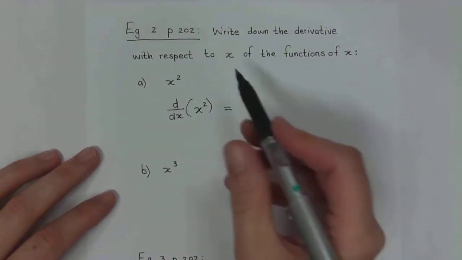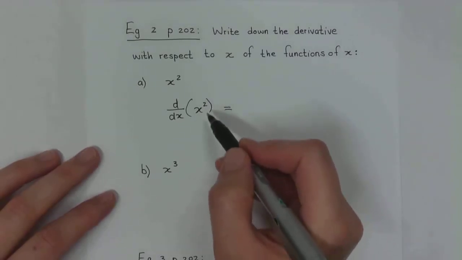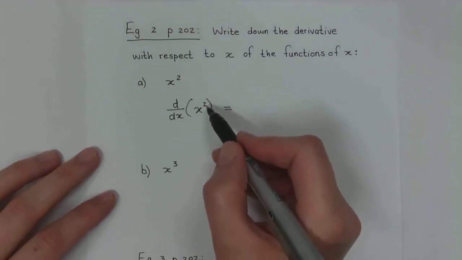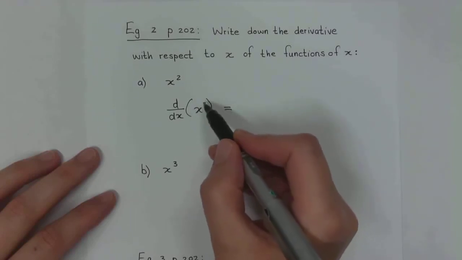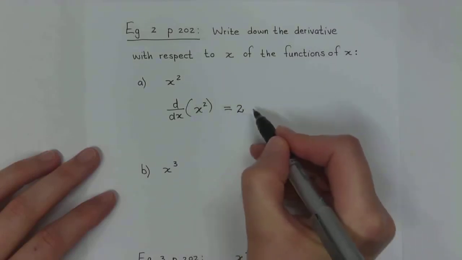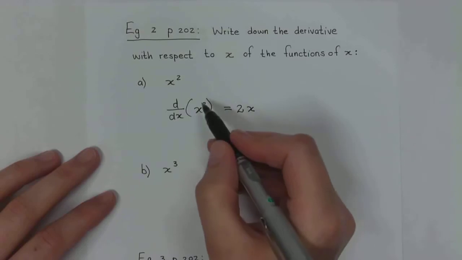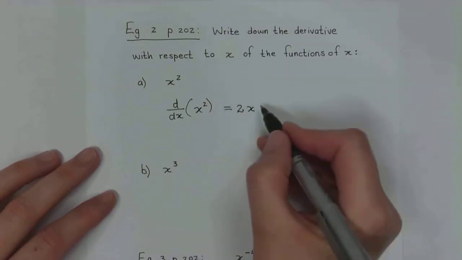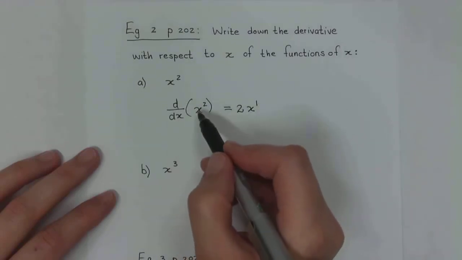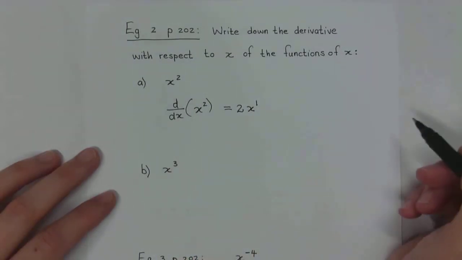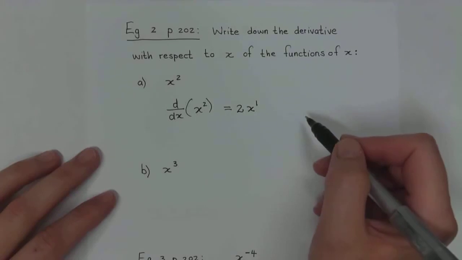And now we're going to use our differentiation rules. Our differentiation rules say take the 2, multiply by the 2. So I multiply by the 2. Keep the x and then make that exponent 1 less. So 2 minus 1 is 1, which means the derivative of that particular function is 2x to the power of 1. Very simple, very straightforward.